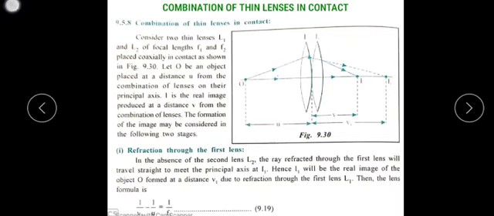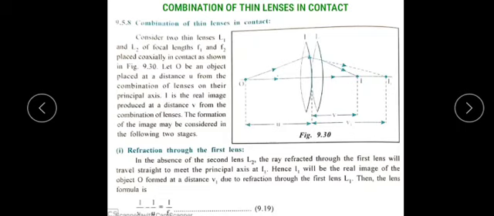See, in the first step, there is refraction through the first lens. In the absence of the second lens L2, you can consider only L1 to be present.